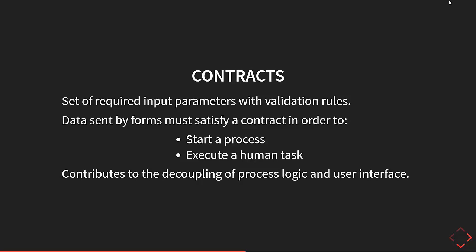And we have this way some decoupling between the business logic that is in the process and the user interface. So if you feel like there is too much limitation with the Bonita UI Designer solution that I will show you later, you can still create your user interface with any solution you want, and then you call the engine API and the contract will do the validation.